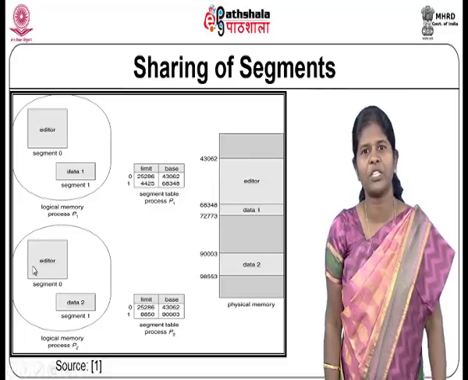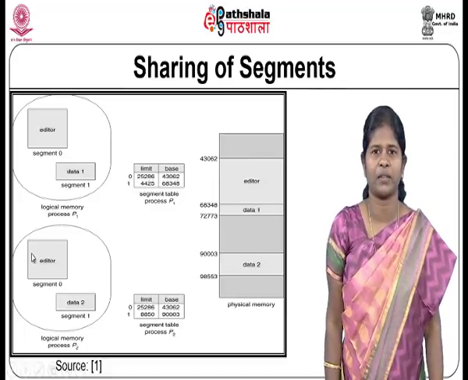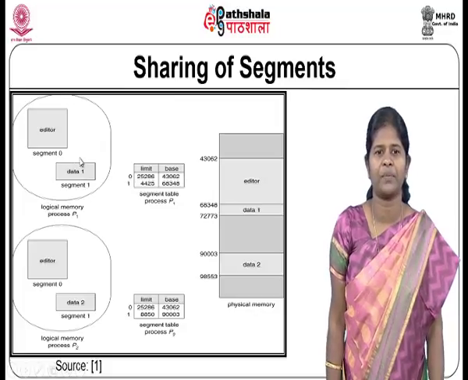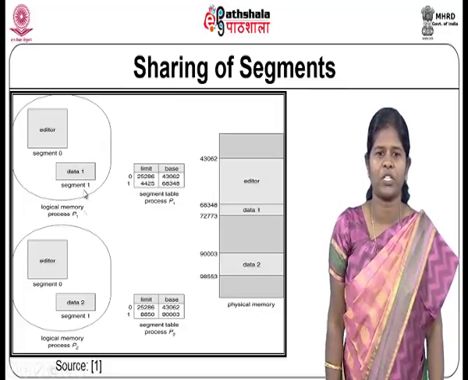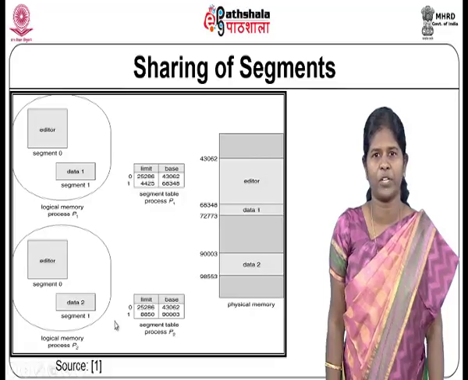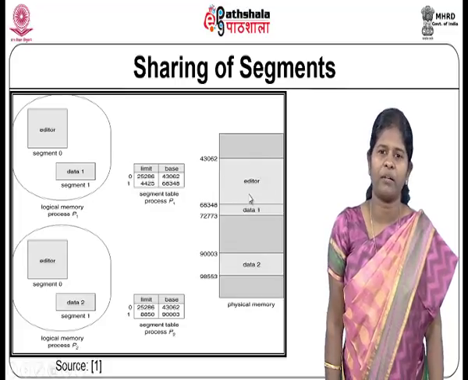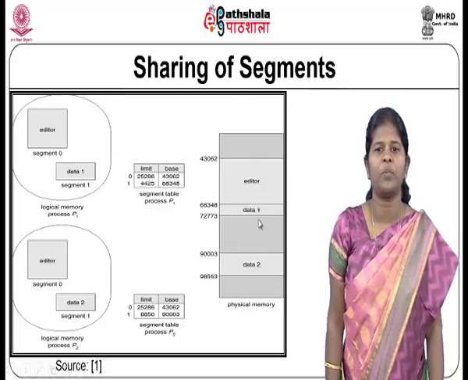So, the editor program is common for both the processes, but they can have their own local data. So, data 1 for process P1 and some other data for process P2. So, while storing in physical memory, the editor program will be stored only once, but the data will be stored separately for both the processes P1 and P2.